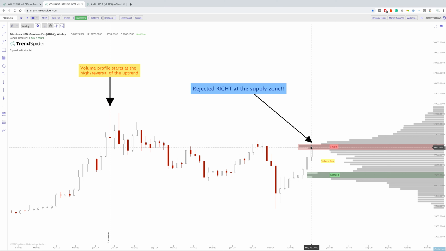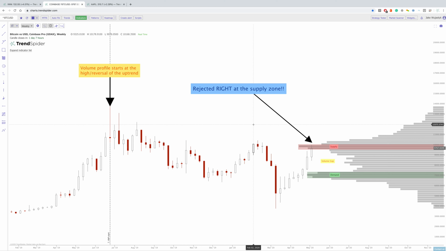So that's why we've got this wick here. We tried to break through this supply zone. Supply outpaced demand, and we had this pullback. That doesn't mean that the price can't break through this ever. It just means that right now we're really trying to break through quite a wall at this $9,800 to $10,000 range. So that is Bitcoin, something that's really cool on the weekly.